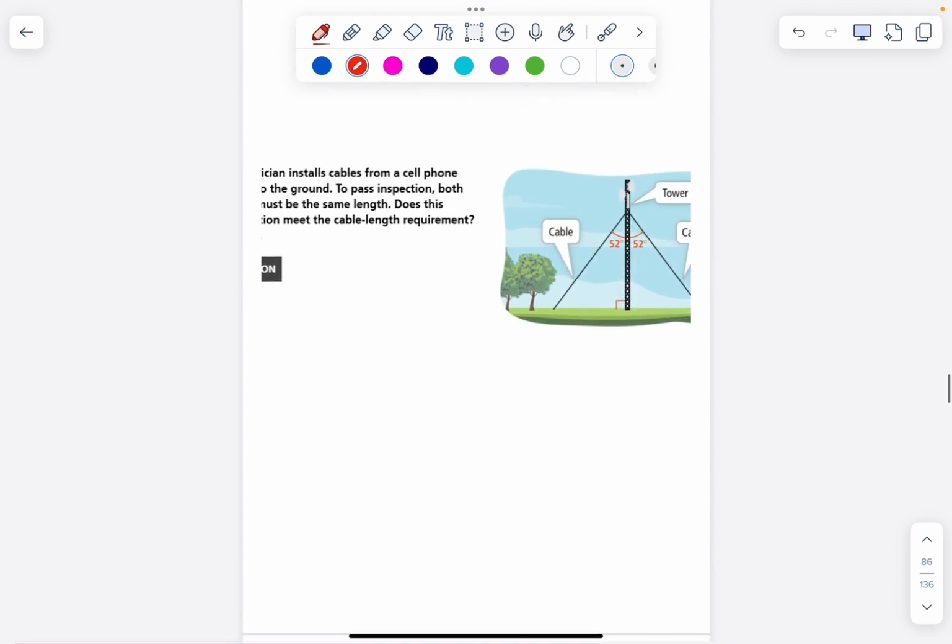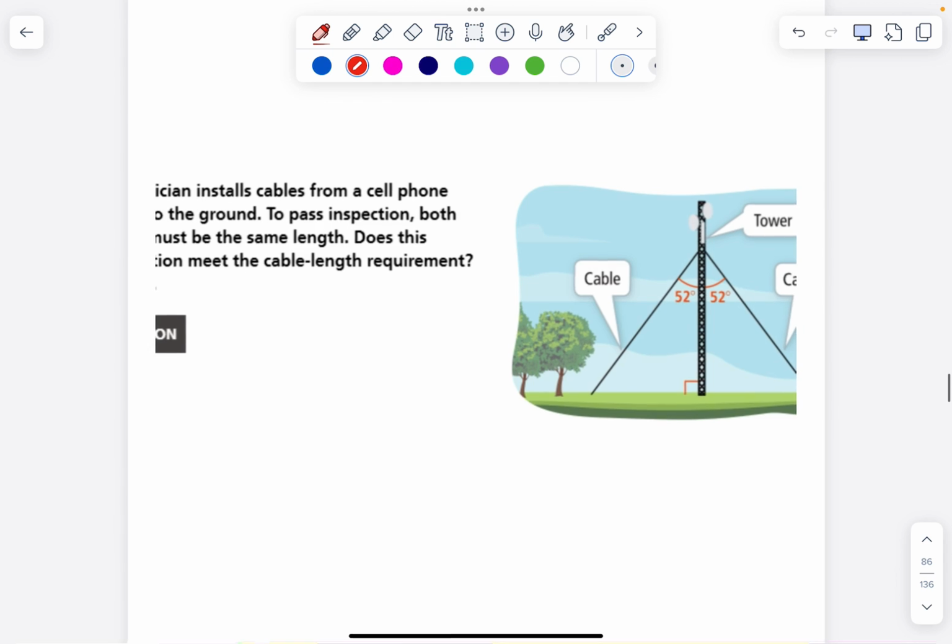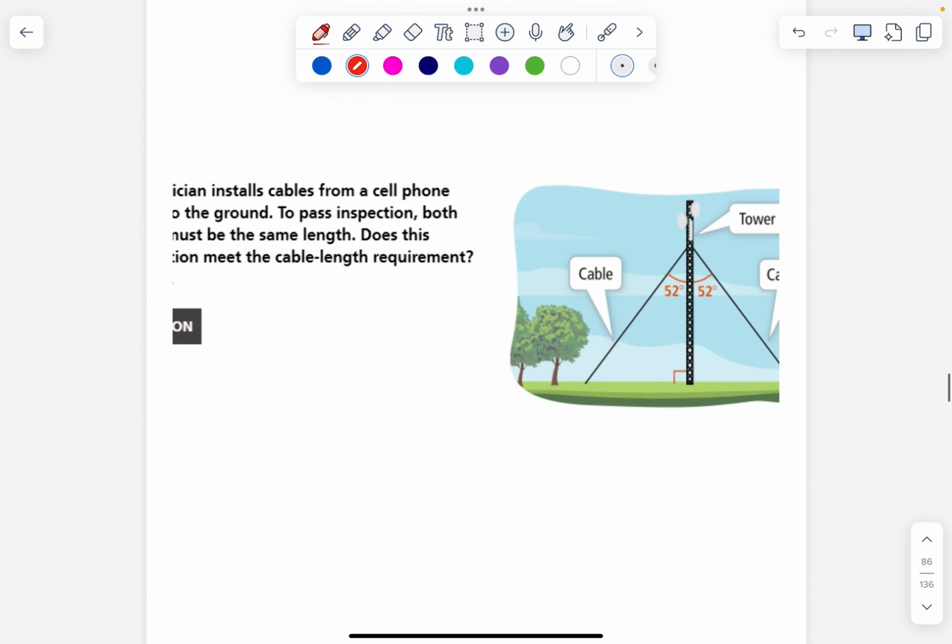All right. Let's do a few more of a different kind. Now, some of this got cut off, but I think there's enough to answer the question. It says an electrician installs cables from a cell phone tower to the ground. To pass inspection, both cables must be the same length. So these two cables have to be the same length. Does this meet the cable length requirement?